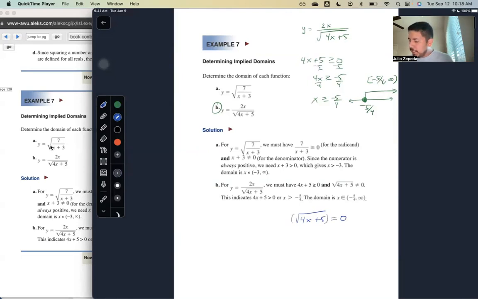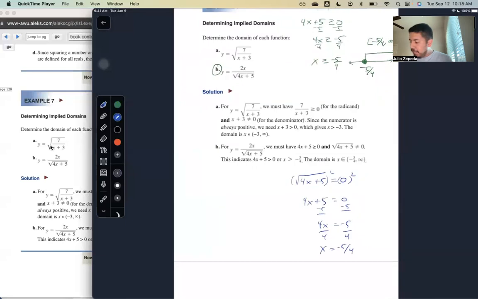If I want to solve this equation, I can square both sides. 4x plus 5 equals 0. Then I subtract 5. Okay, we basically already solved this. 4x equals -5. Divide by 4, and x is equal to -5/4. This number here, we need to exclude from the domain.